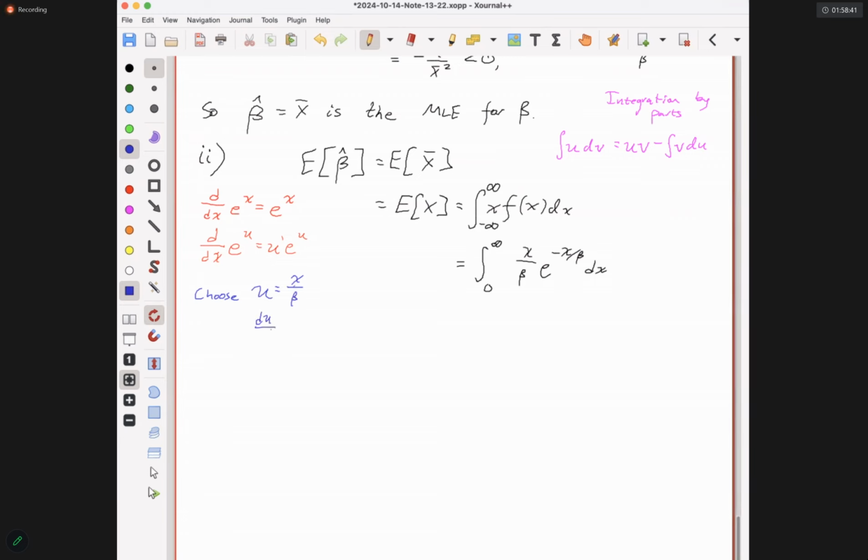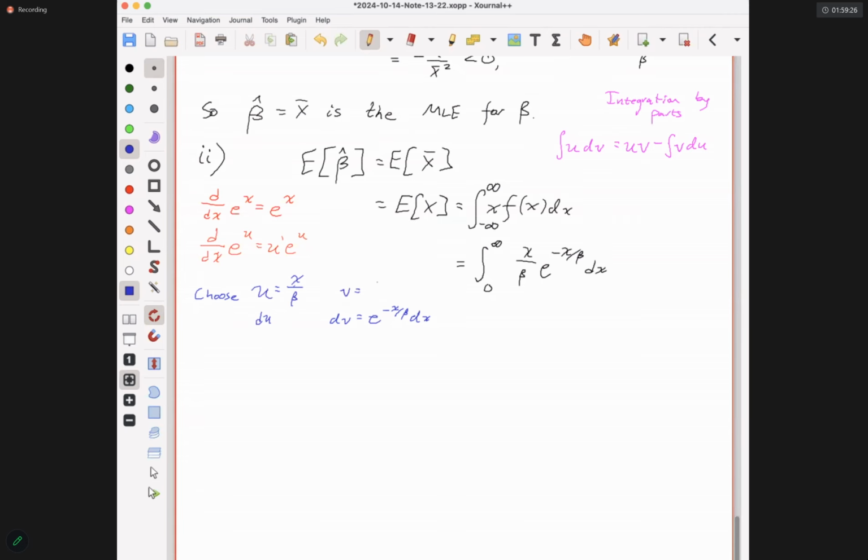in which case dv is e to the negative x over beta dx. Oh, sorry, no, dx.